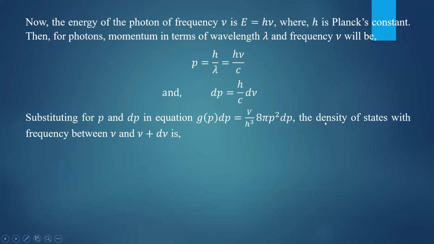Then the density of states with frequency between nu and nu plus d nu will become g(nu) d nu equal to V by h cube as it is. You substitute for p as h nu by c, so it will be 8 pi into h nu by c the whole square into h by c into d nu. So we have expressed this density of states in frequency space in terms of frequency.